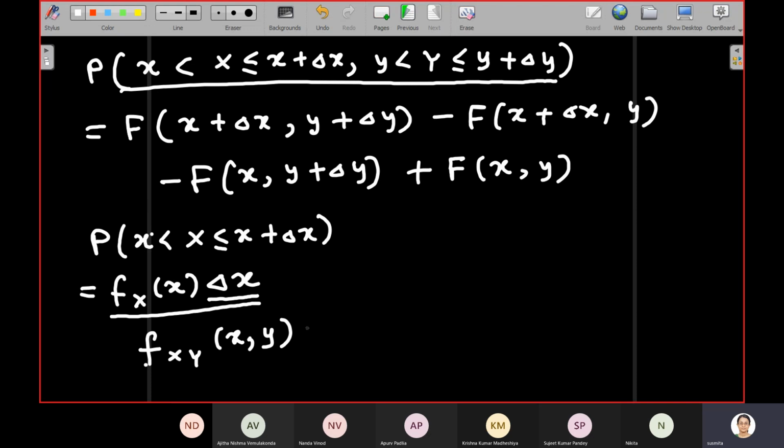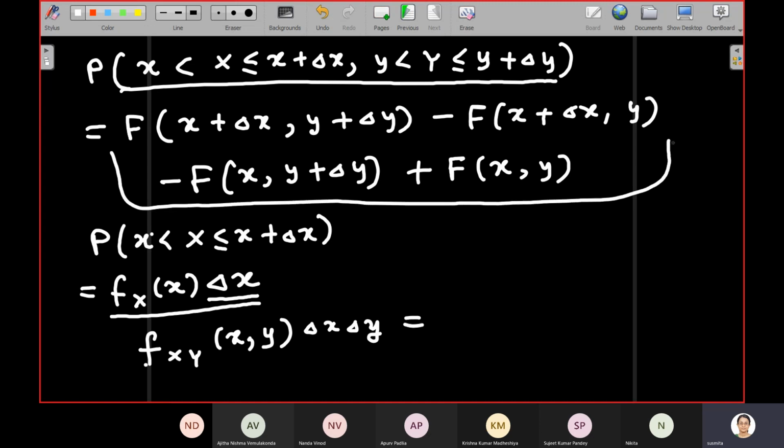Now we have two dimensions, so we need to multiply by delta x and delta y, right? And then we have this whole thing on the right side, which I'm not writing again. Then we take delta x and delta y on the right side and let them go to 0.